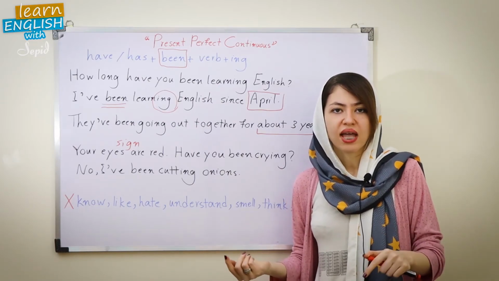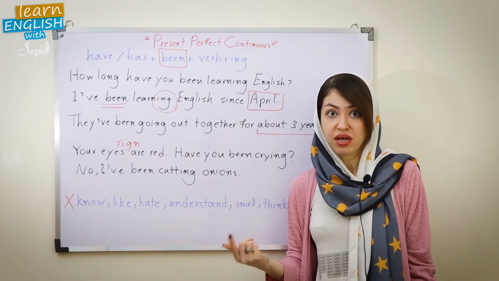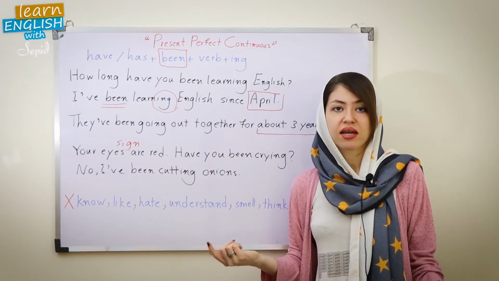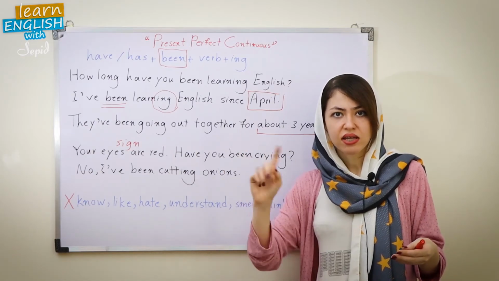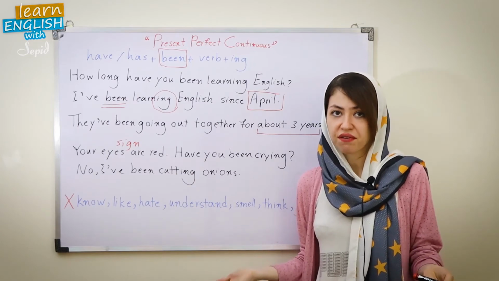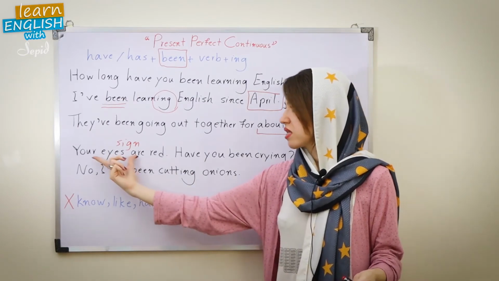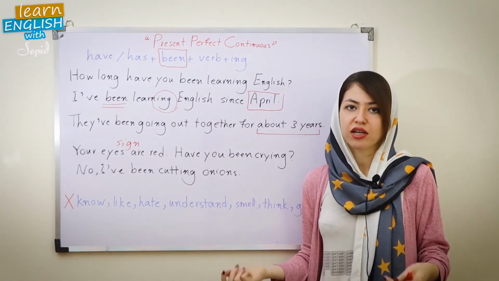And you would ask, have you been cleaning the house? Have you been cleaning the house? And I would say, no, I've been spraying some perfume. I've been spraying some perfume. That's it. So based on a sign, we just tell about our action.